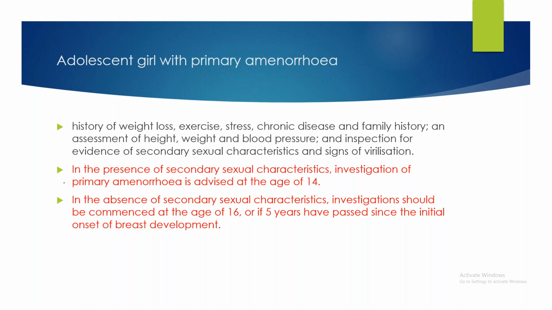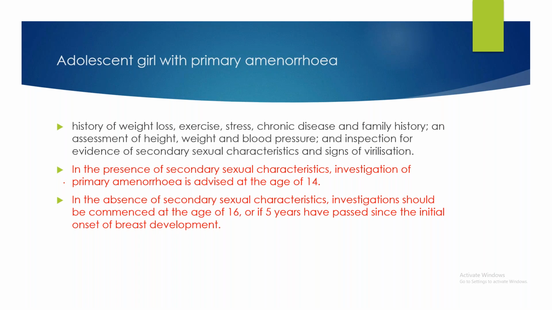So if secondary sexual characteristics are present, then you are going to start investigations of primary amenorrhea at the age of 14. If the secondary sexual characteristics are absent, then the investigation should be commenced at the age of 16, or, if breast development is there, like in complete androgen insensitivity syndrome, it is to be done 5 years from the initial onset of breast development, or at the age of 16 years in the absence of secondary sexual characteristics.